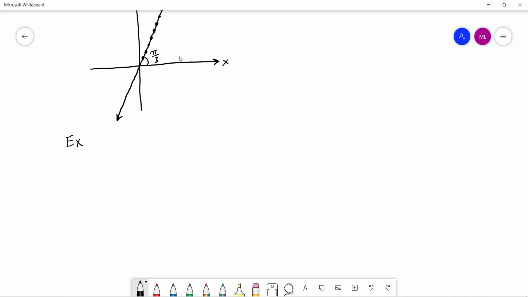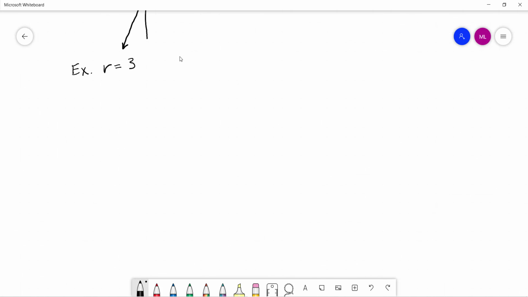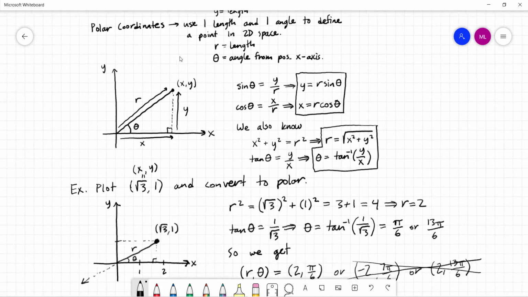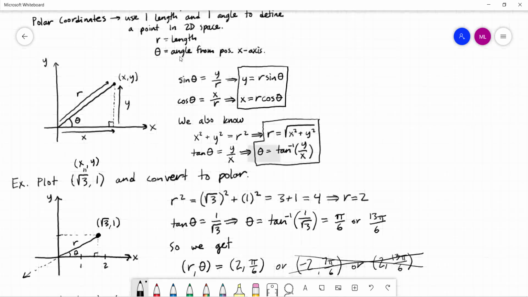Next one. What about r equals a constant? If we remember what r is, we just said that r squared is equal to x squared plus y squared. So again, all I'm doing is coming back up and referencing this formula right here.